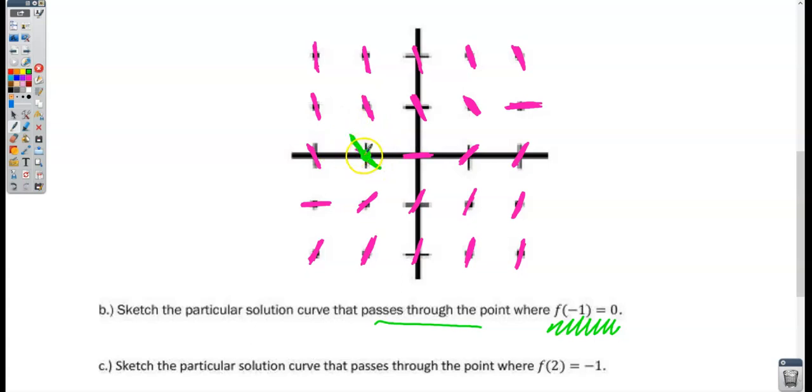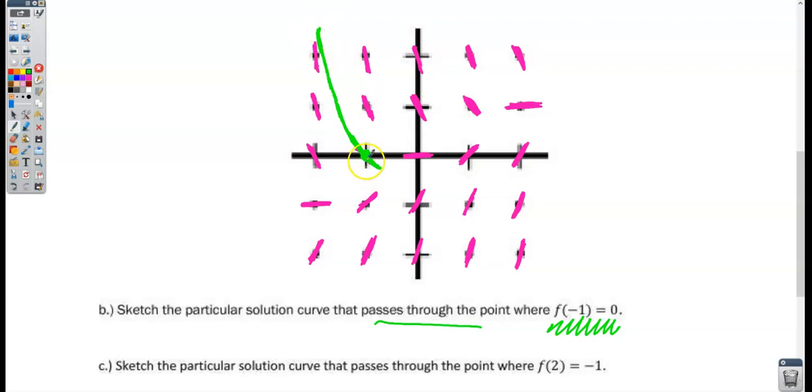Now, as I move to the left from that point, if you look at the slope diagram, as I move to the left, the slopes get steeper. As I move up, the slopes get steeper. So as I move to the left here, the slopes are going to continue to get steeper and steeper as we move off that end of the slope field for this particular solution. Now here's where it gets interesting.